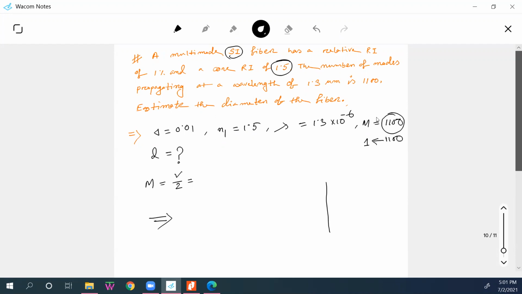V will obviously be higher than 2.405 here. To convert this multimode fiber to single mode, we will decrease V, which was very high previously, and find for what d this value comes. We can make lots of tricks. Probably this kind of problem is also available in the exercise.